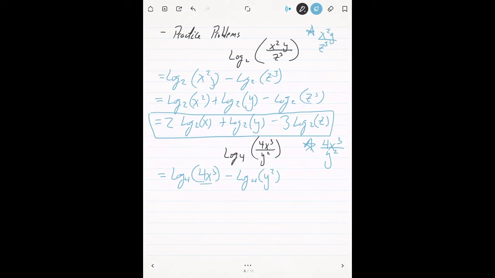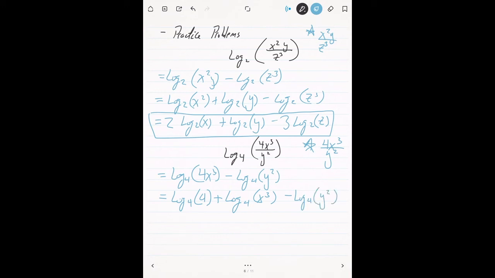Now again, notice that that numerator has multiple things being multiplied together. So I can separate that to be log base 4 of 4 plus log base 4 of x cubed. And then we still have the minus log base 4 of y squared.